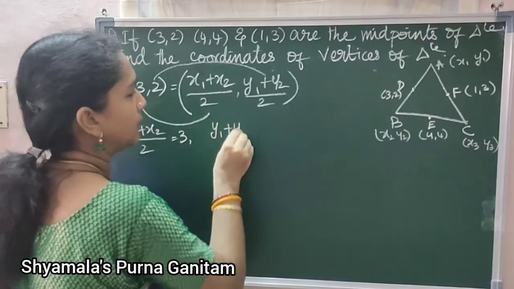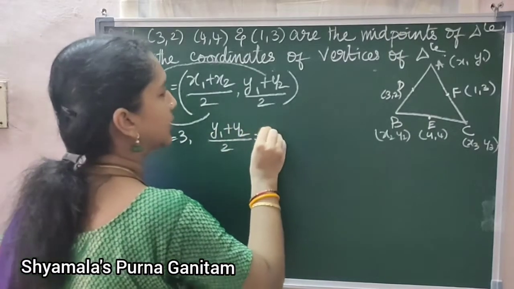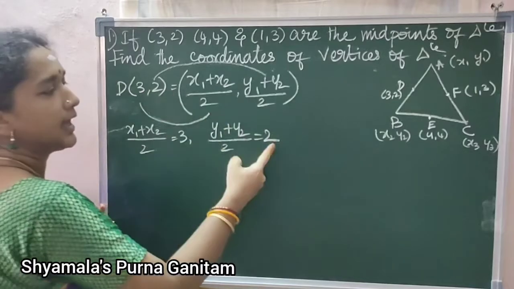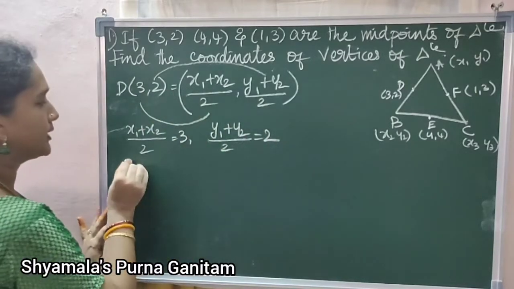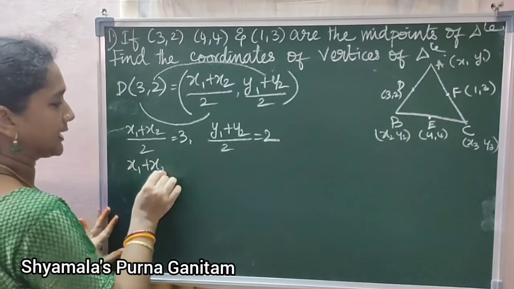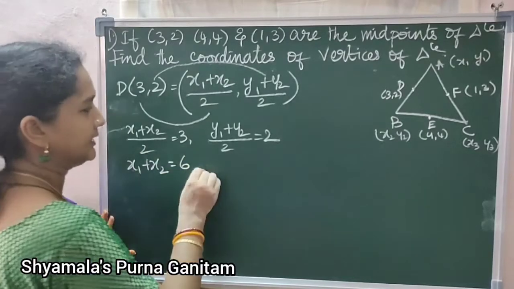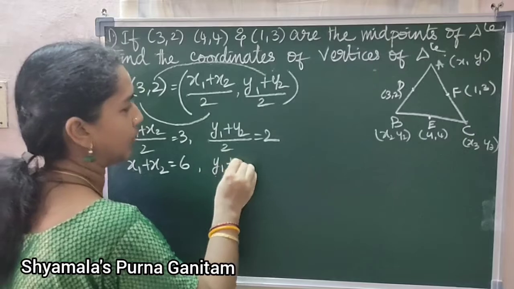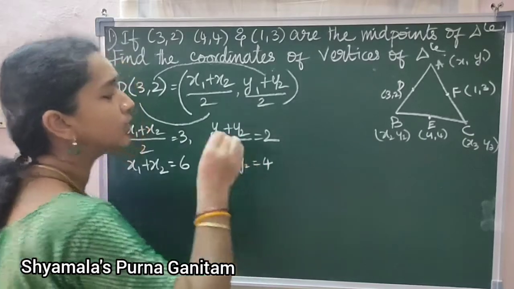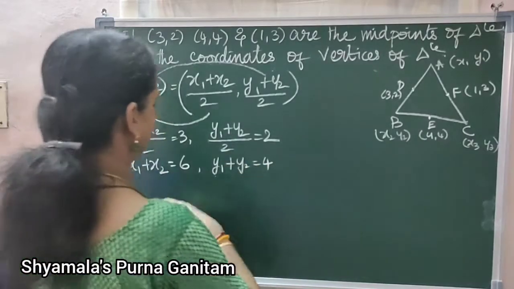Similarly, (y1 plus y2) by 2 is equal to 2. Cross multiplying, you can write x1 plus x2 is equal to 6. Then on this side, y1 plus y2 is equal to 4.